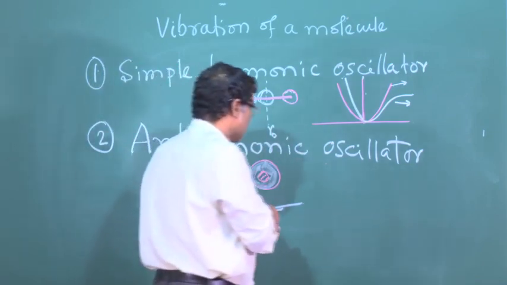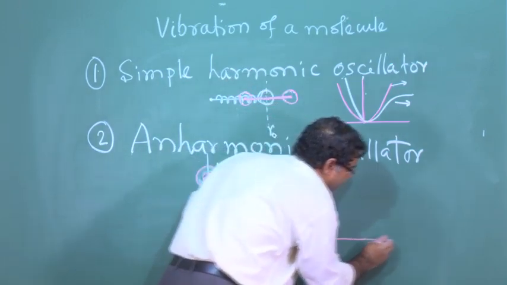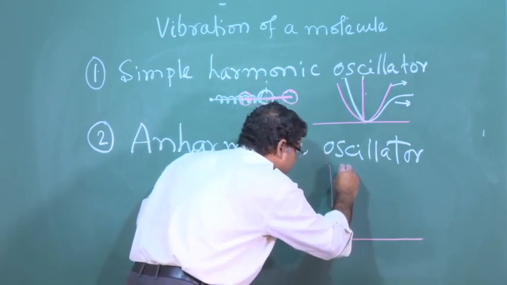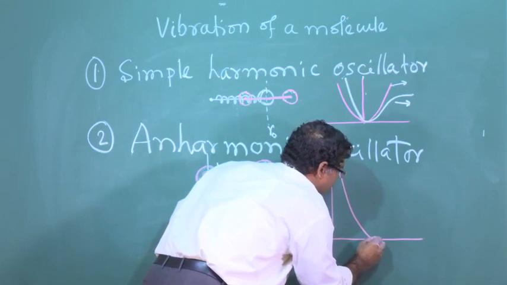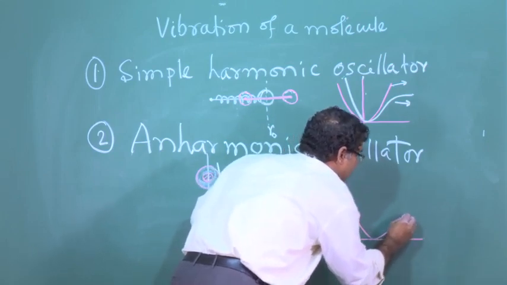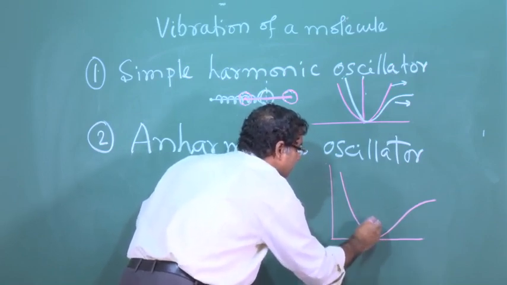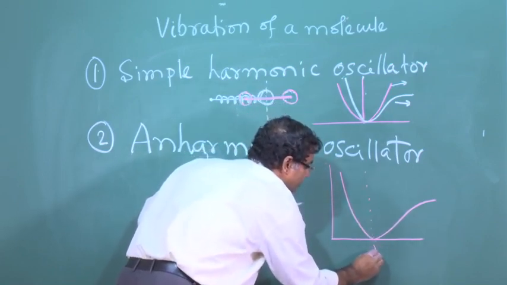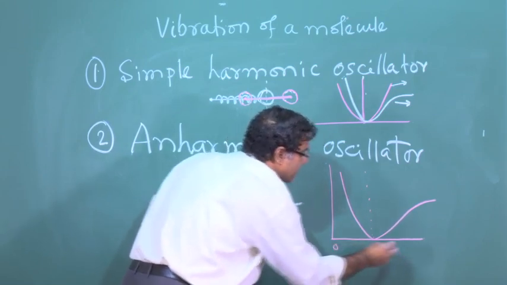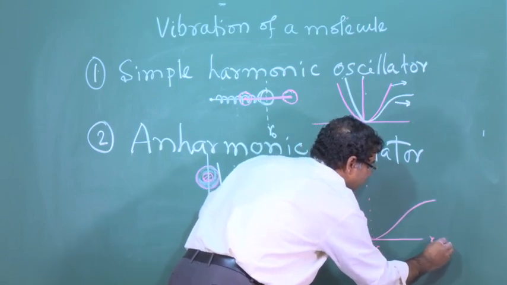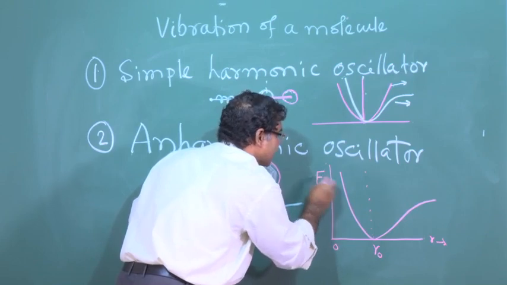So, for an anharmonic oscillator, our potential energy curve will change like this. Okay. So, this is the equilibrium distance r 0, here it is 0, here it is change of r, and this side is change of energy.